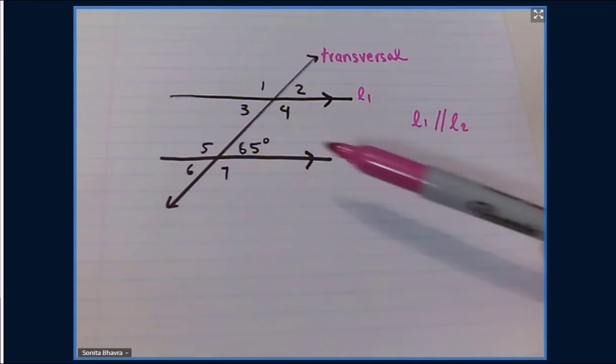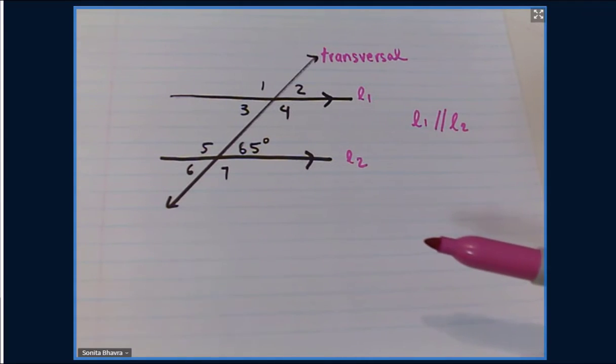Now, we're only given one angle. We're given an angle here of 65 degrees, and the rest of them we have to figure out: angle 1, 2, 3, 4, angle 5, angle 6, and angle 7. From our knowledge from last class, we talked about interior alternate angles, exterior alternate angles, and also corresponding angles.